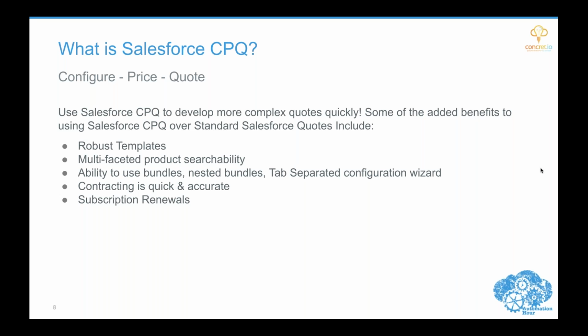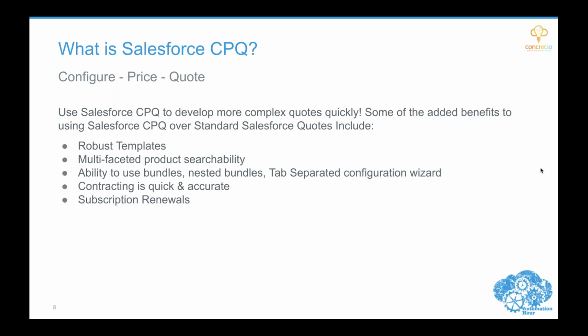So it's going to minimize confusion, what product goes with what items are a prerequisite before you can choose another item. It's a really nice tool anytime that you have highly complicated quoting needs. CPQ can be a good fit, especially for subscriptions and renewals, recurring services.